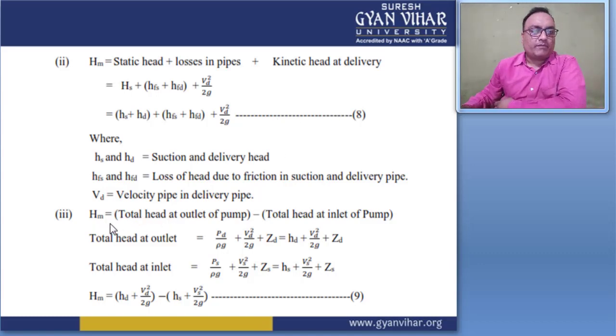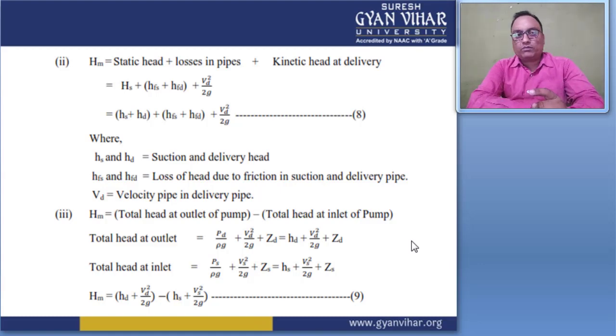And in the third case, this gives Hm: the total head at the outlet of the pump minus the total head at the inlet of the pump. The total head at the outlet is given by Pd by rho g plus Vd square by 2g plus Zd, and Pd by rho g is given by Hd plus Vd square divided by 2g plus Zd. Similarly, at the inlet, it is Hs plus Vs square by 2g plus Zs.